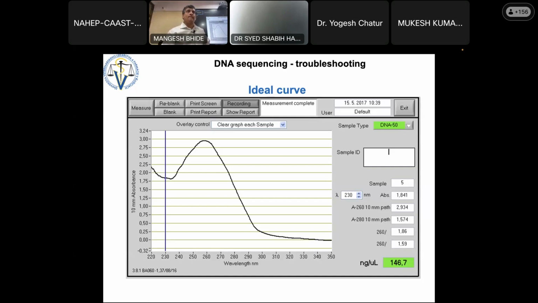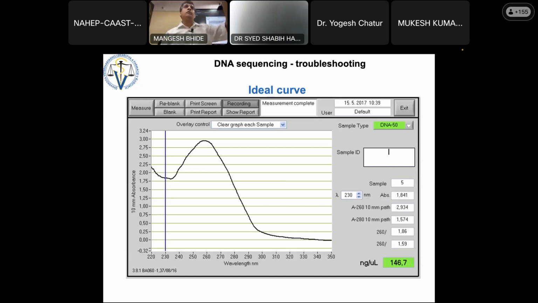If it is 1.5, don't send the sample for sequencing. For the DNA you are going to send for sequencing, the purity should be 1.8, and the concentration should be at least 5 nanogram per microliter.